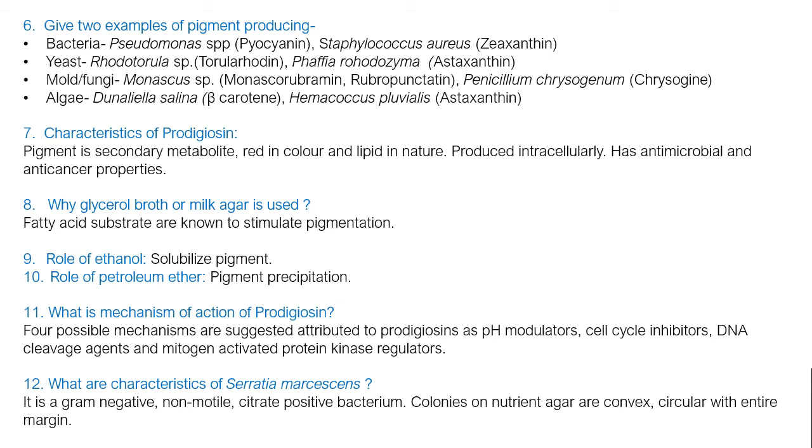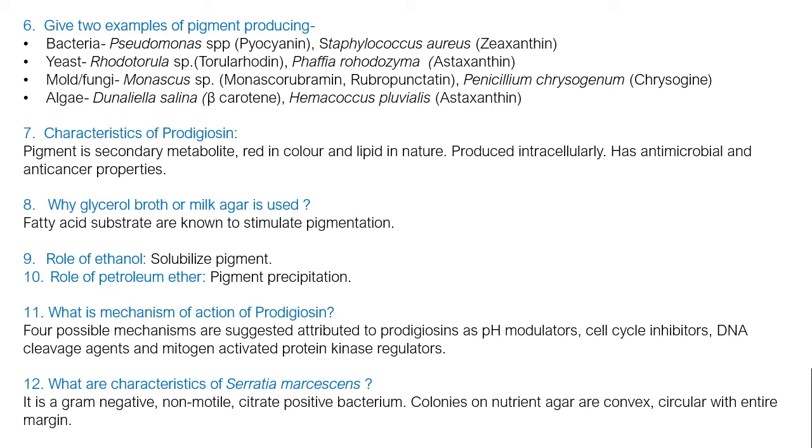Then in case of fungi, you can name Monascus, for example, then Penicillium chrysogenum, pigment is chrysogenin. Then in case of algae, Dunaliella salina, the pigment is beta carotene, and in case of Haematococcus, again astaxanthin.